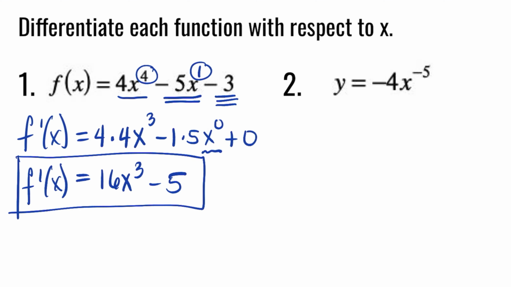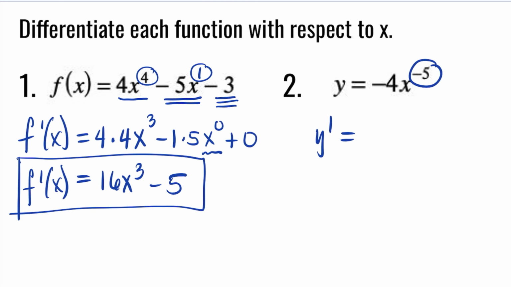Question number 2. y is equal to negative 4x to the power of negative 5. The derivative of y is denoted by y prime or dy over dx. Our exponent is negative 5. So using the power rule, we will have negative 5 times negative 4x to the power of negative 5 minus 1, and that becomes negative 6.